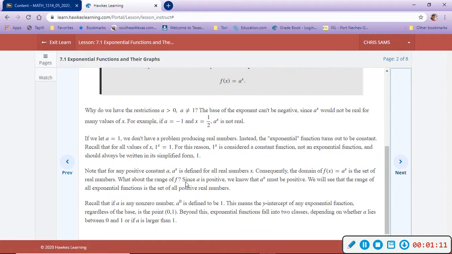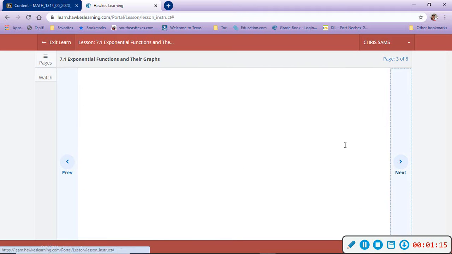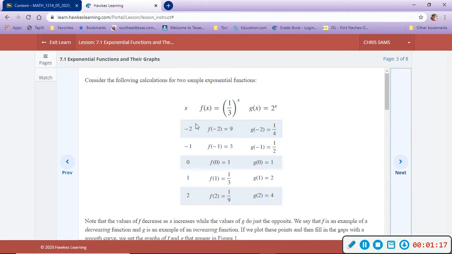So they got some other terms here that you can look at. Here they are showing us two examples. One where we have a positive number that is less than 1, and then we have another that gives us a positive number that's greater than 1. Those are the two scenarios that you'll see.